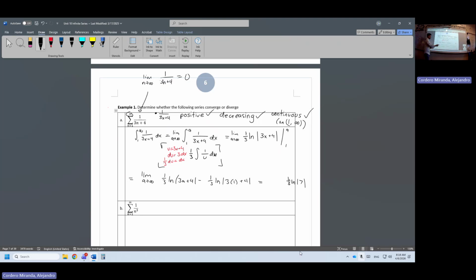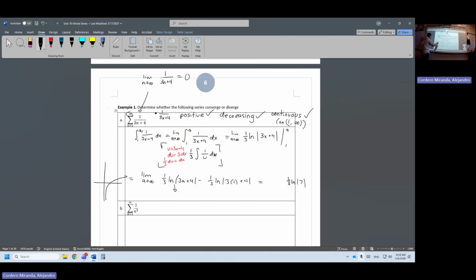But do you guys know where this is going to head? I would be kind of impressed, but it's not super obvious. But if you think of the natural log graph and you think of what happens as x gets huge. Nice, yes, good job. Yeah, it goes to infinity slowly, but it does go to infinity.